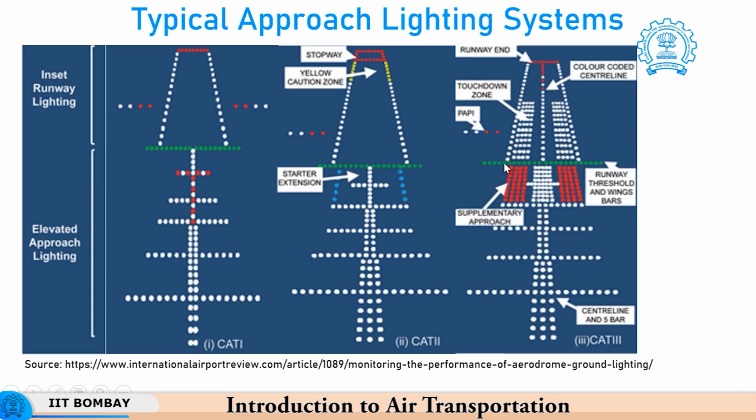And if you go further to the category 3C systems, you will see that the supplementary approach lights are indicated by red color. The touchdown zone is illuminated with more lights. There is a color coded center line, and there are some threshold and warning lights. So, the lighting systems also differ depending on which category the ILS system has been certified to operate.